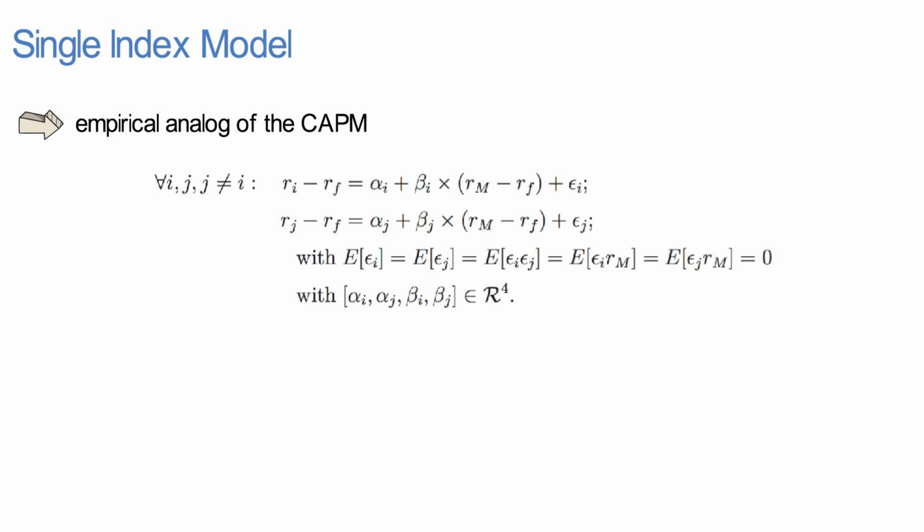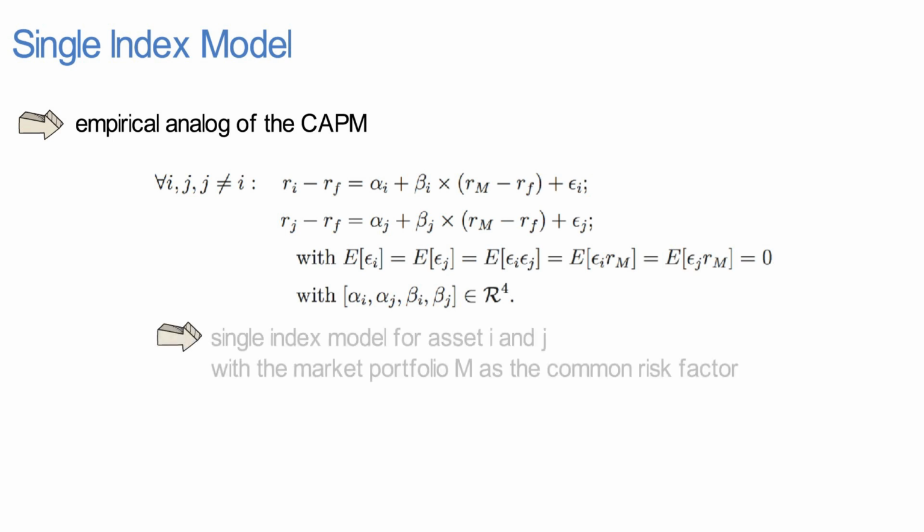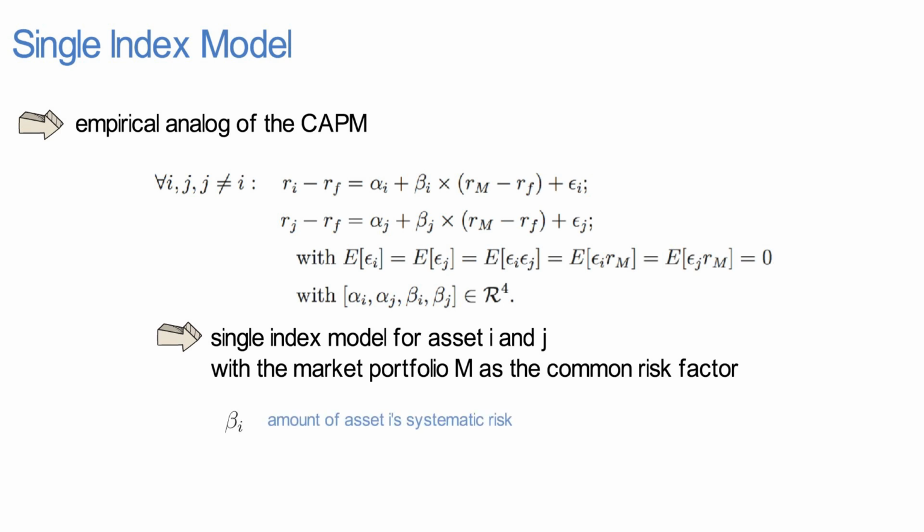Here we display a single index model for asset I and J, with the market portfolio M being the common risk factor. Beta I is the amount of asset I's systematic risk. Alpha I is the part of the expected risk premium of asset I that the single index model cannot explain.